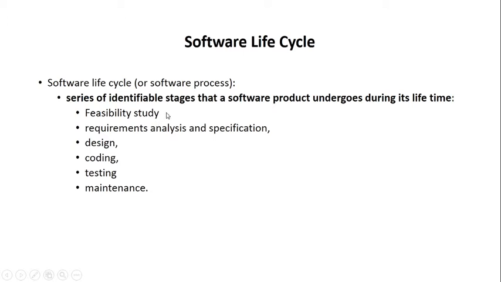As soon as a problem comes in, we have to check whether it is feasible or not, that is implementable or not, right? Once you have checked it, requirement analysis and specification says identify what requirements need to be implemented in your system, and that has to be specified in a document, that is the SRS document.